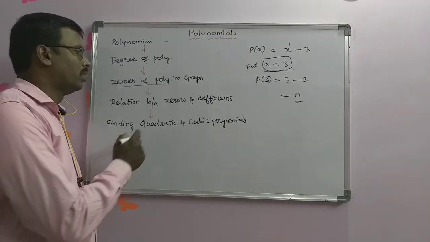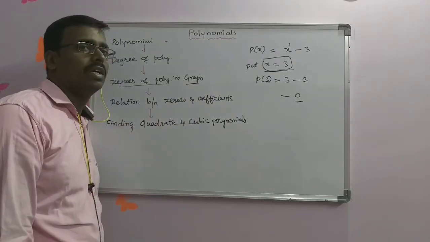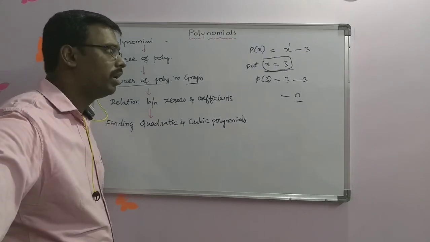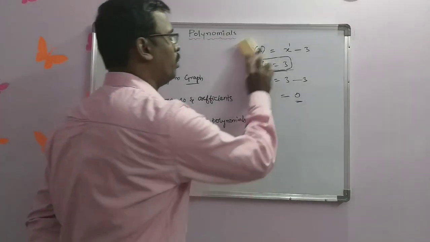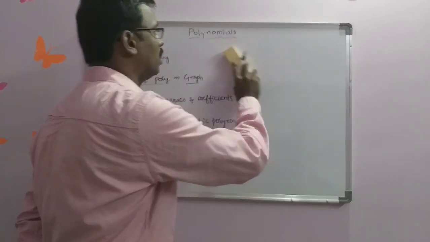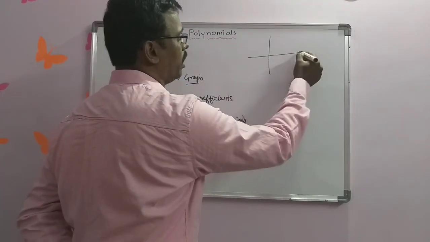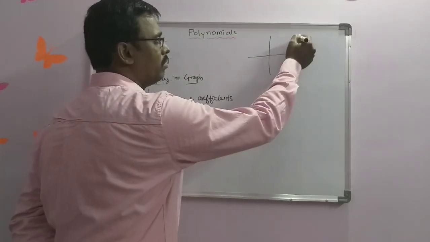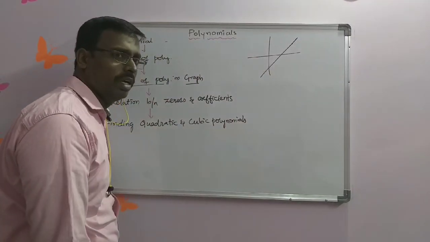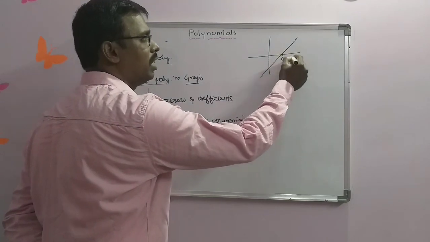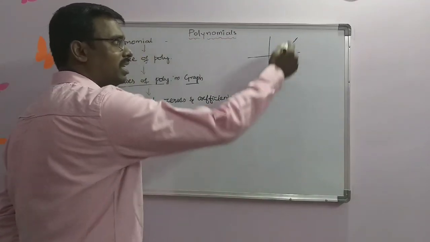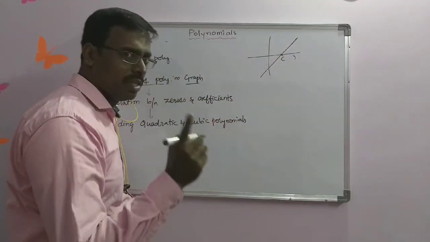Then coming to the graph, how will you recognize the zeros from the graph? If I draw any polynomial in a graph, how will it be represented? First one was the linear polynomial. The graph of a linear polynomial is a straight line cutting the x-axis at one point. As it cuts at one point, we'll say 1 zero is there.